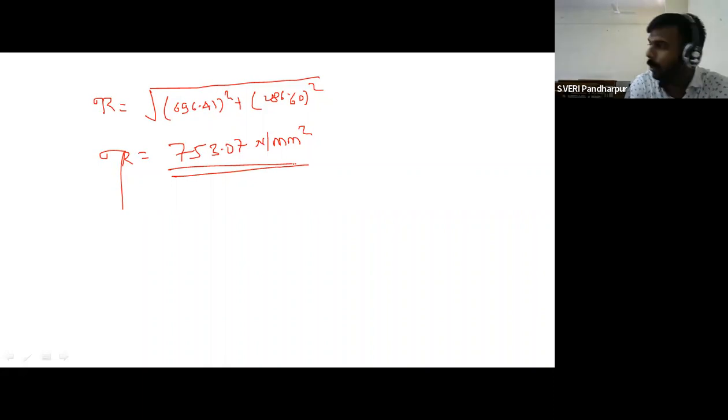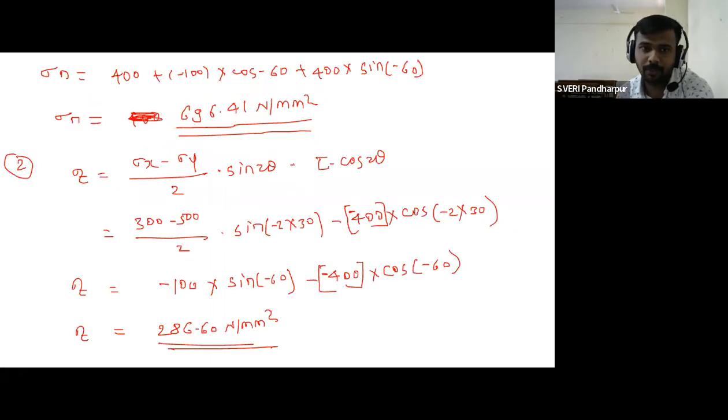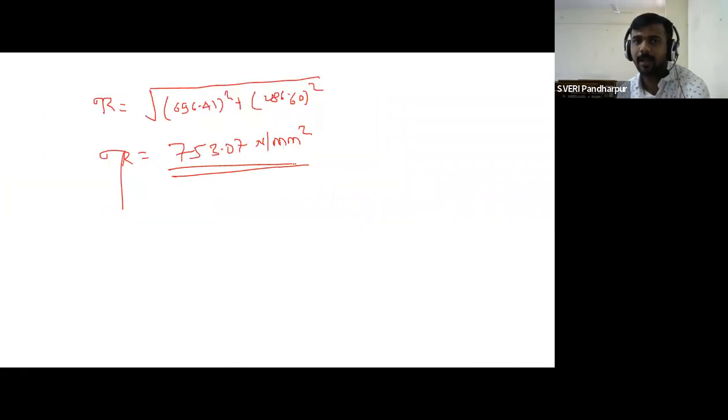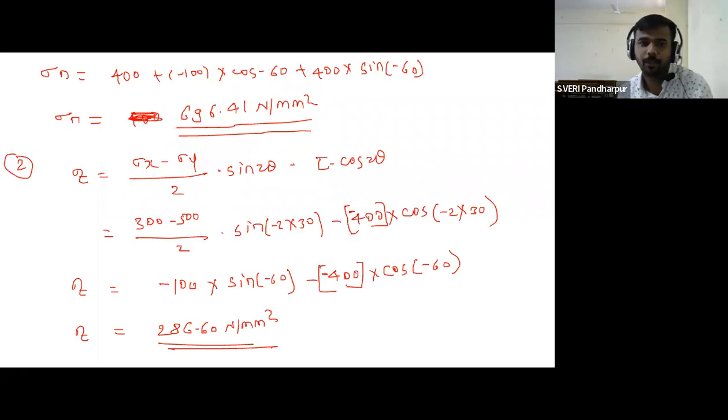So do the calculations properly once again if you have made mistakes, and verify your answers. Sigma n is equal to 696.41, sigma t is equal to 286.60, and sigma r is equal to 753.07.